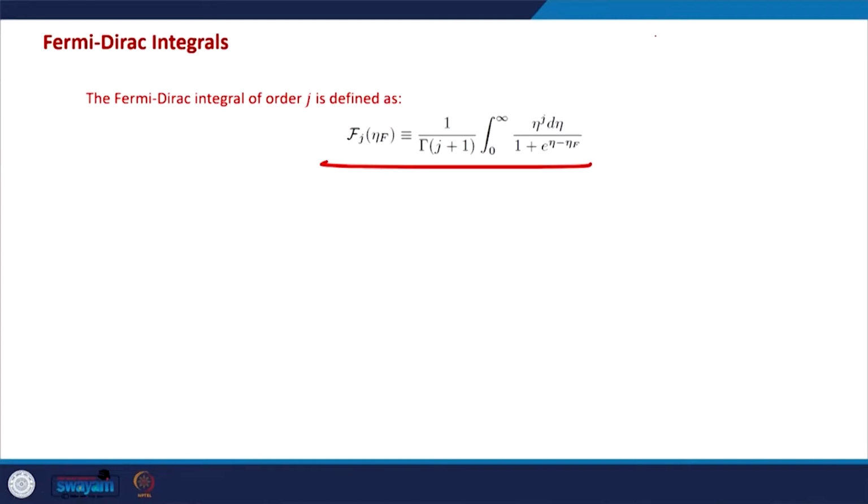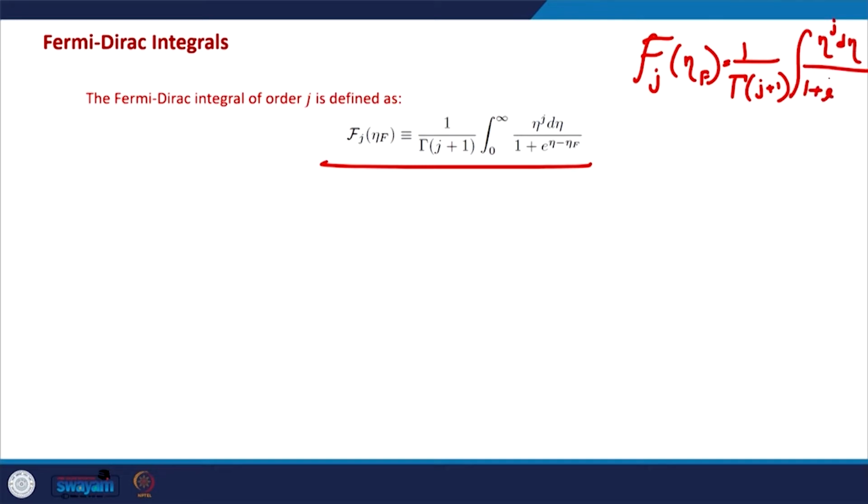A Fermi-Dirac integral function of order j is defined as 1 divided by gamma function of j plus 1, integral over eta to the power j d eta divided by 1 plus exponential of eta minus eta f. This is how a Fermi-Dirac integral function of order j is defined.